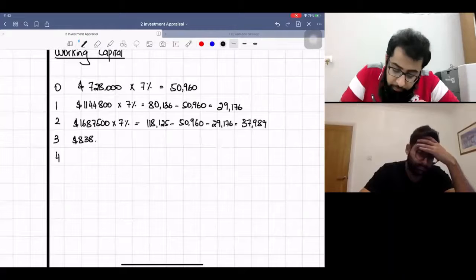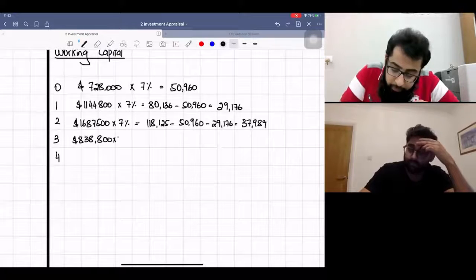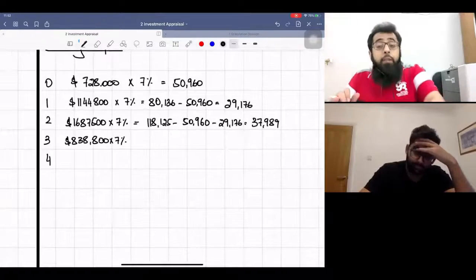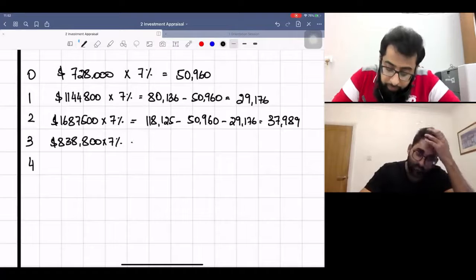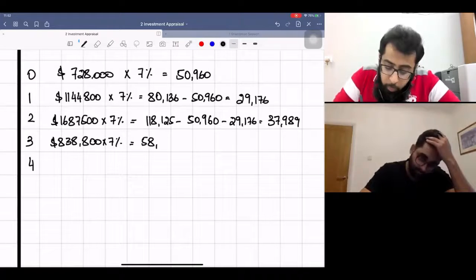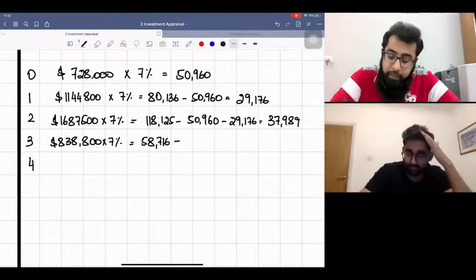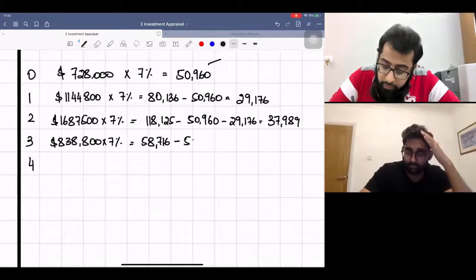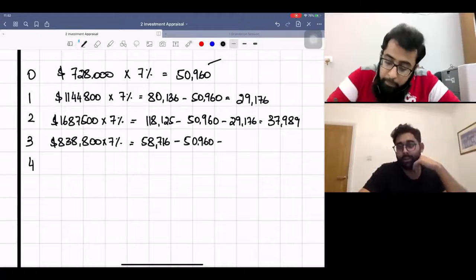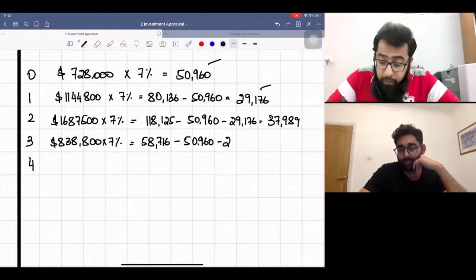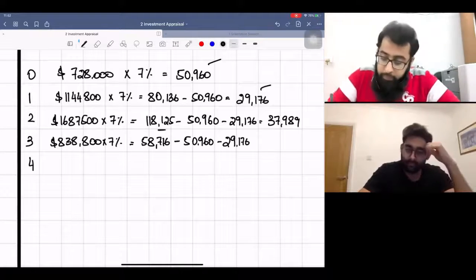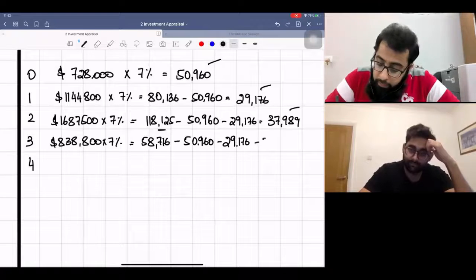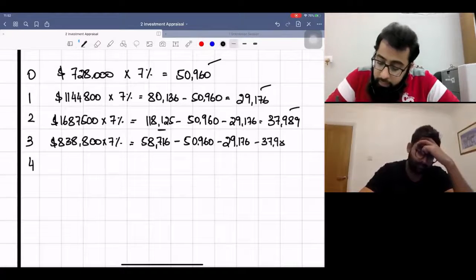Now in this year we need a reduction in working capital. So we will call it a recovery because the sales have declined. 58716 minus 50960. I can directly deduct this amount, and 37989.